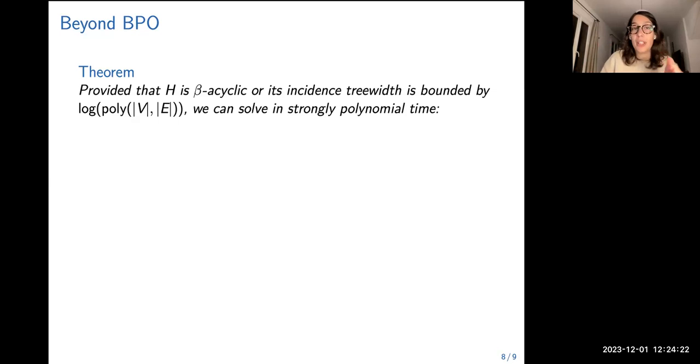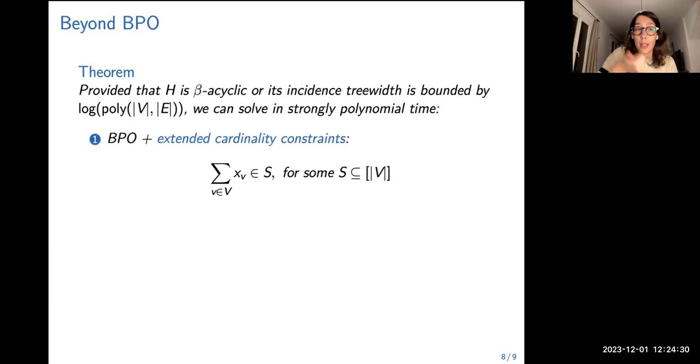So basically, if H is beta acyclic or has a bounded incidence treewidth, we can also solve the following problems in polynomial time. We can add a special type of cardinality constraint to BPO. Here we can add the requirement that the number of variables set to 1 at optimality must have some specific values, okay?